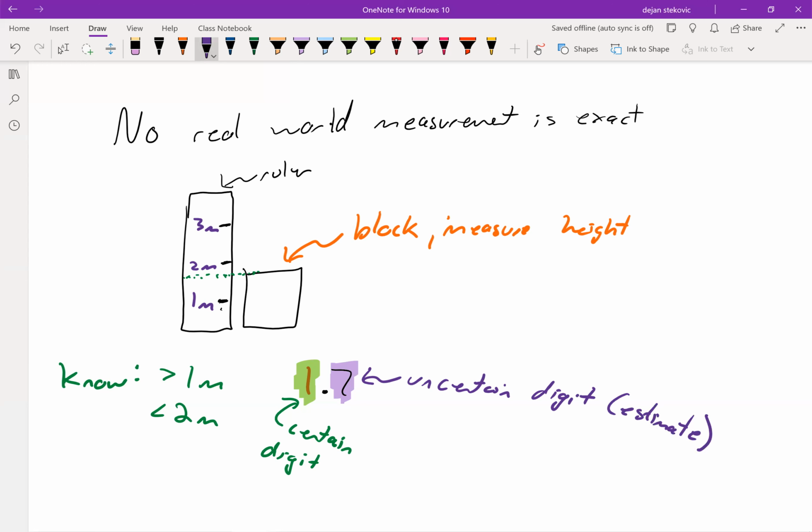So that's what I estimated, I estimated 1.7. Maybe you're watching this video and you think, oh, I think that looks more like 1.8, or maybe I think it looks more like 1.6, right? Whoever is reading the measurement, it's going to slightly change because that's the uncertain digit. It's just an estimate. And your uncertain digit is always your rightmost sig fig.